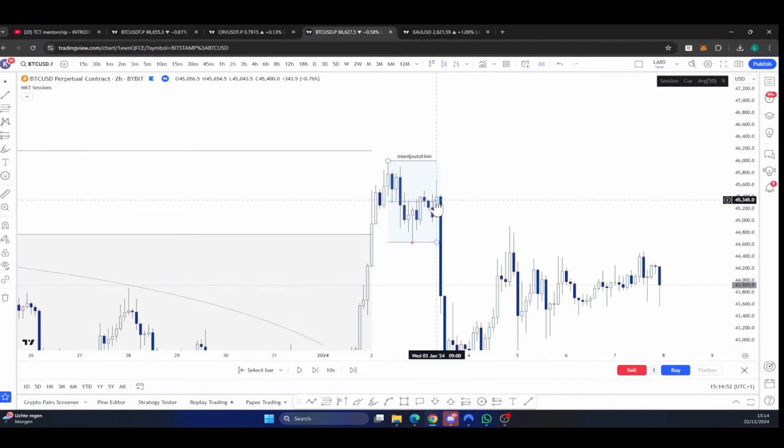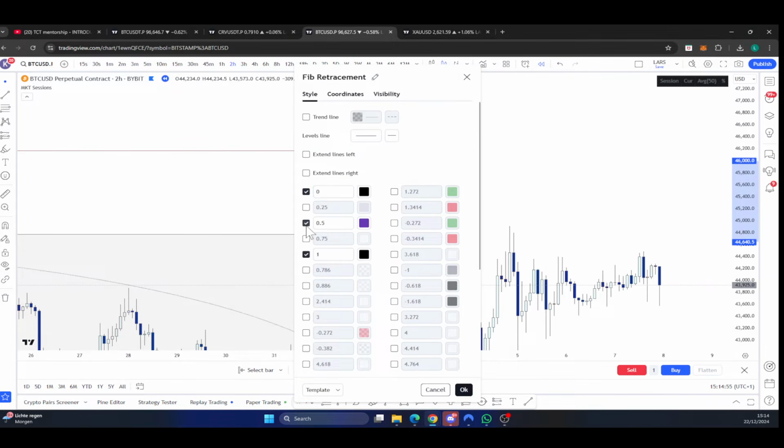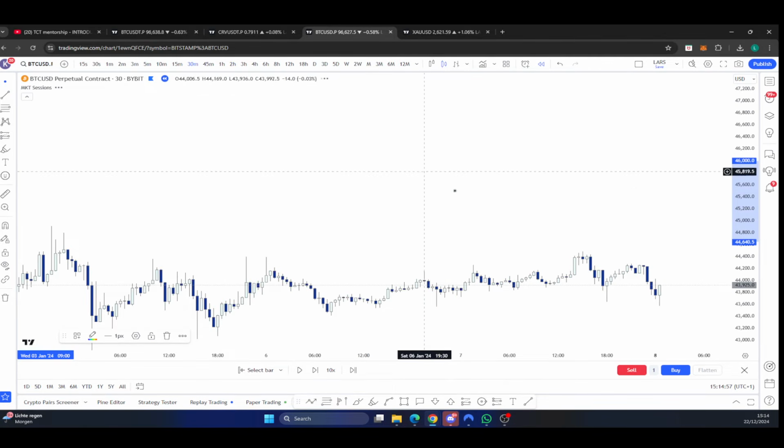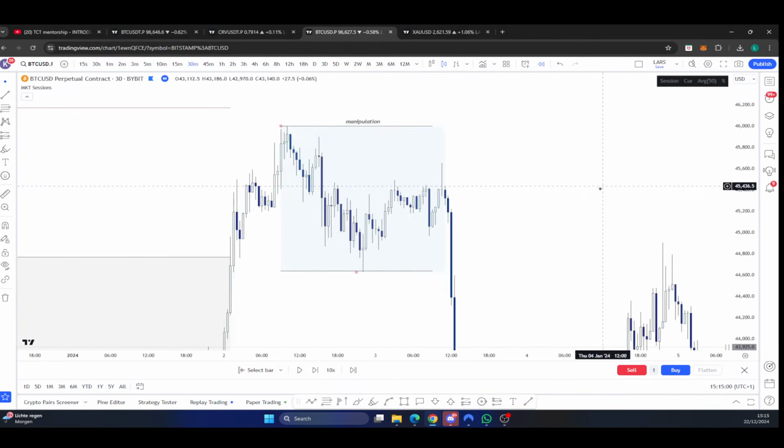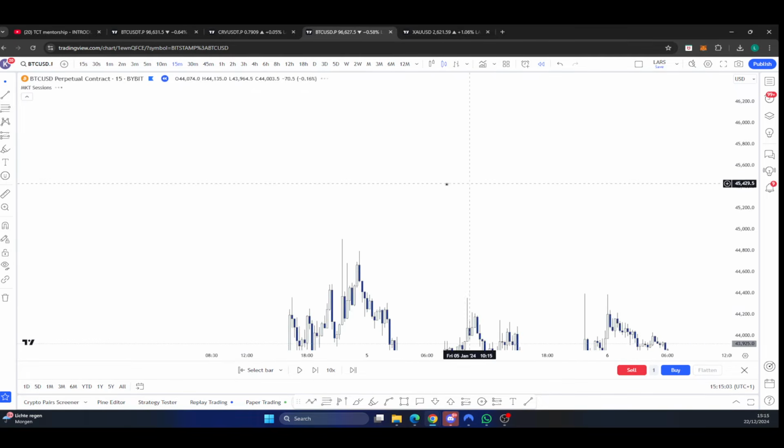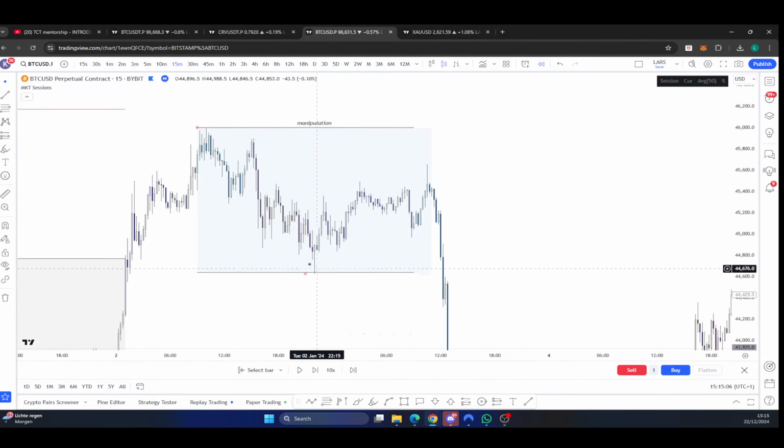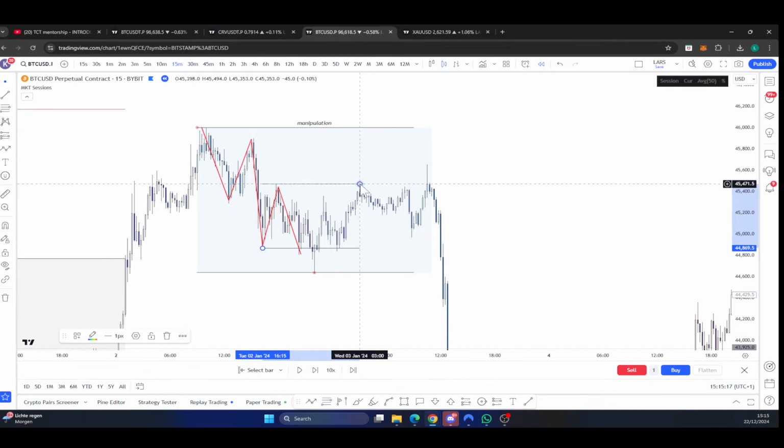But if I zoom in on the lower time frame and I get rid of this equilibrium to kind of clear things up, otherwise it gets a bit messy, you can see that on the lower time frame, we did indeed have price trending down here, making lower highs and lower lows, having its own little range here, where this range was actually a low time frame accumulation right there with a 1, 2, and a 3 that turned into a Model 1 distribution schematic right here.